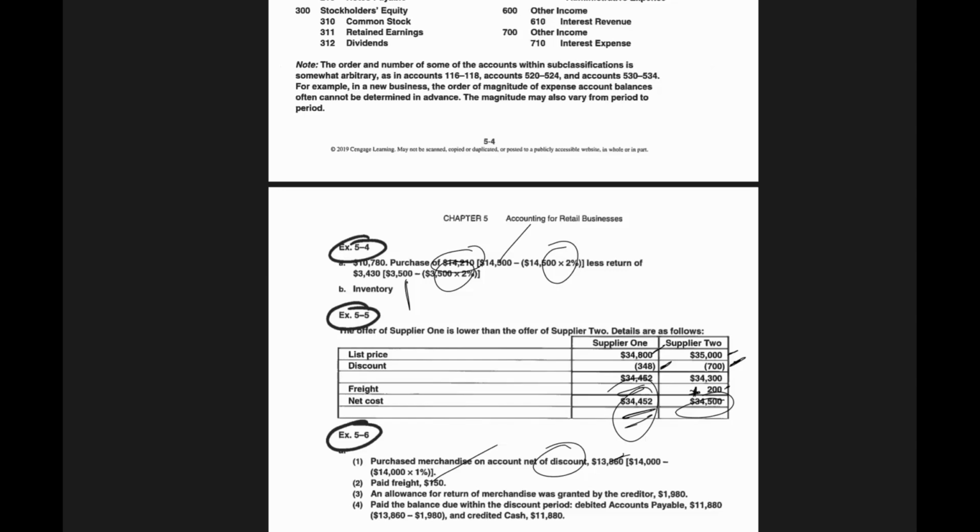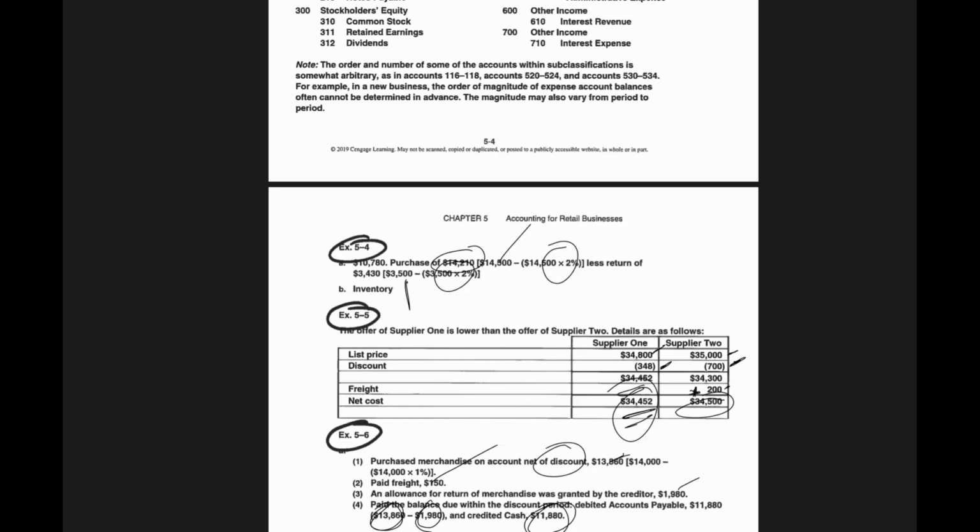So there was $13,860 put into accounts payable. We returned $19.80, and that left us with $11,880 due. So we credit cash for that and debit accounts payable.